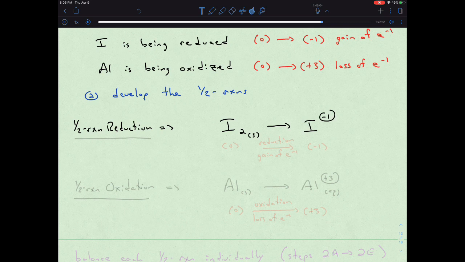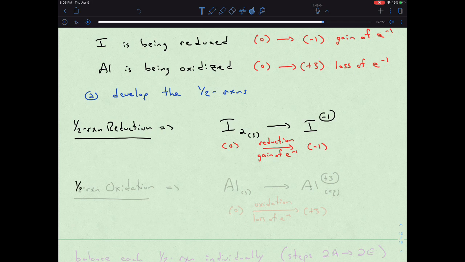Again, reinforcing what we see above, starting from that 0 state, going to that -1 state, right? This is a reduction or a gain of electrons. So there's our half reaction for the reduction.